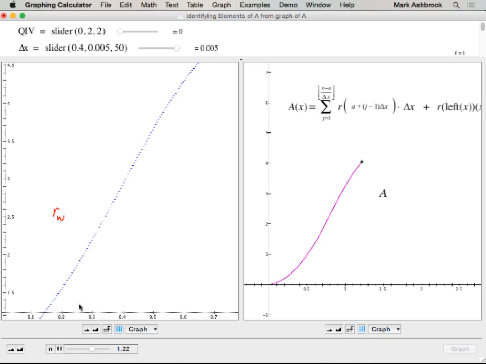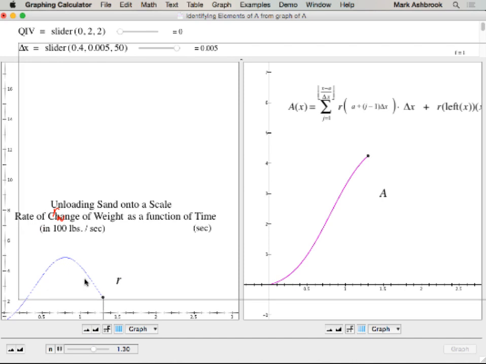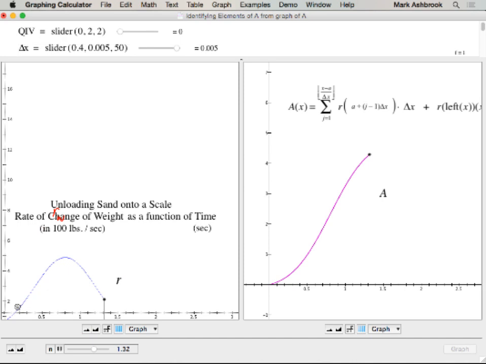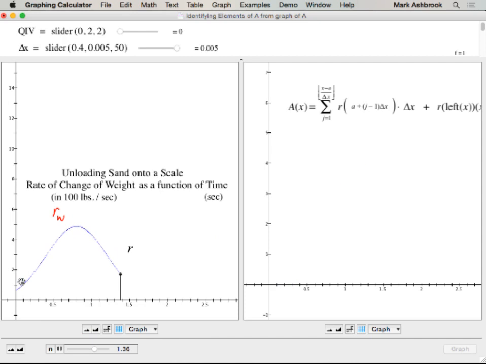So basically, all these constant rates are forming the wave function.